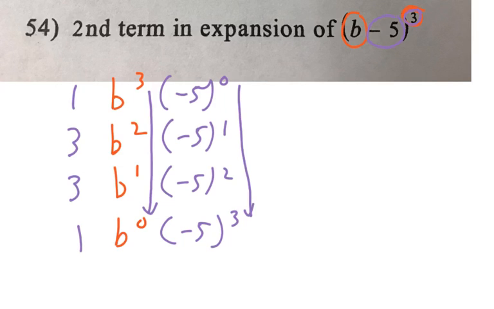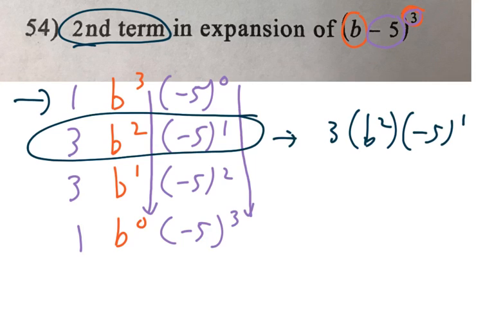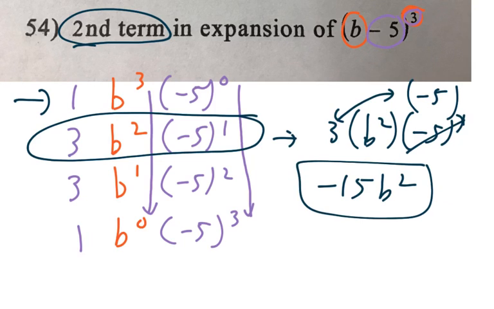So let's get to the answer. They want the second term. Well, this is my first term. This is my second term. So the answer is 3 times b squared times (-5)^1. Of course, (-5)^1 is simply -5. 3 times -5 is -15b^2.